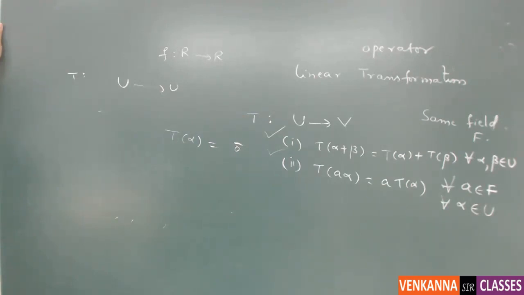Now the other thing is, whenever a function is given to you with some condition, if you want to check whether it is linear or not, we go for checking the two conditions.